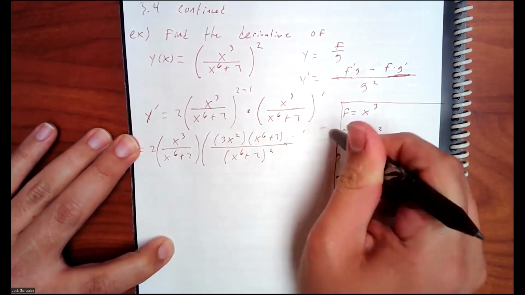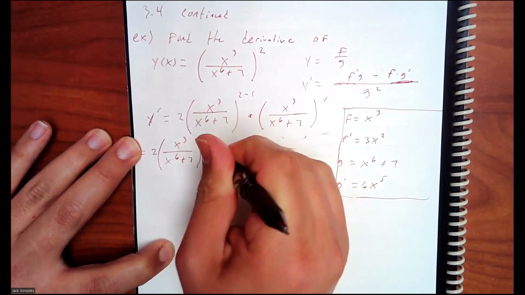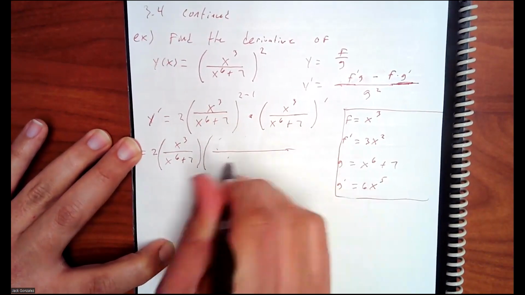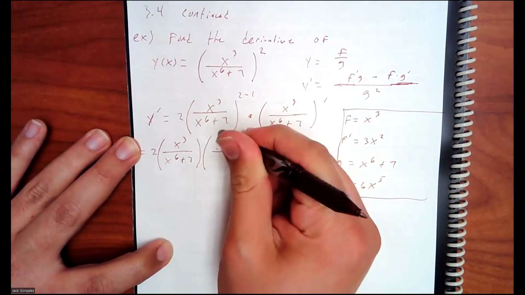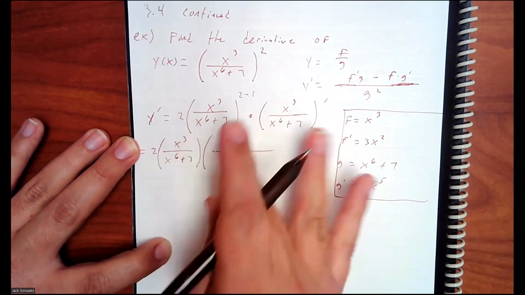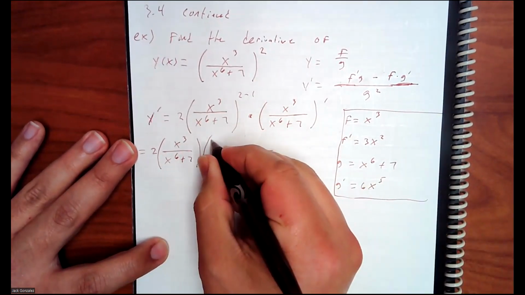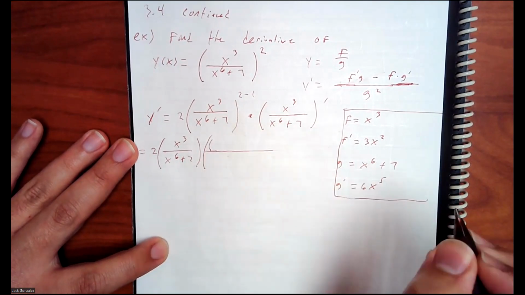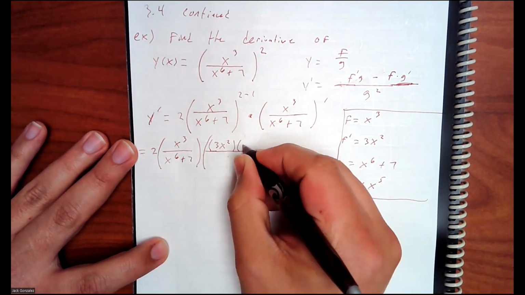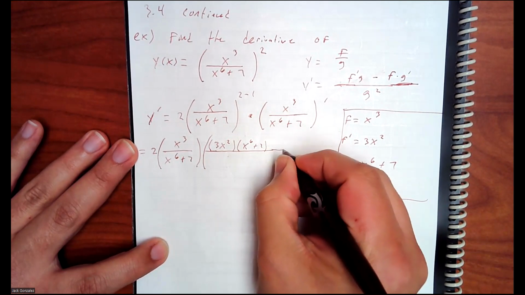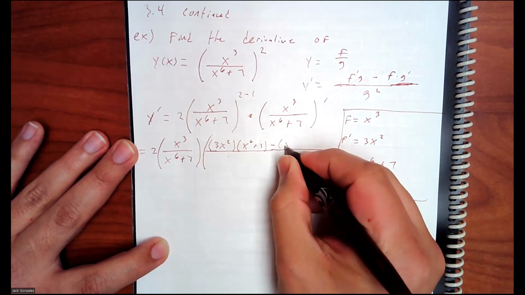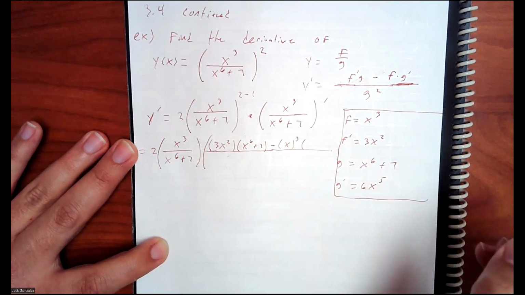Let me see if I can write a little smaller. So f prime times g minus f times g prime.